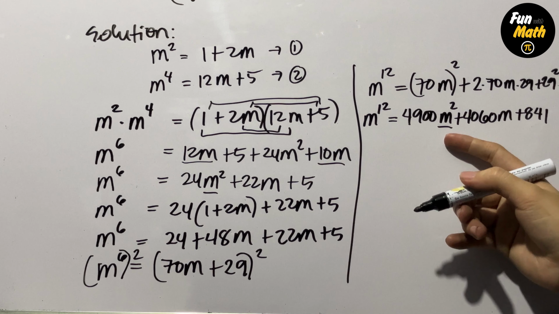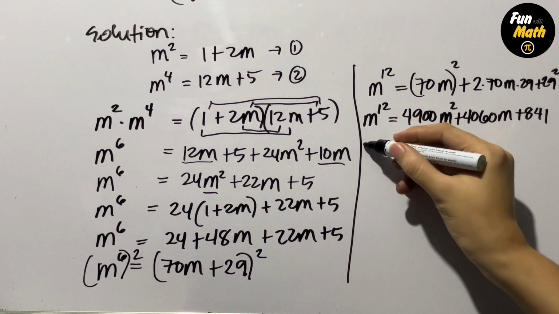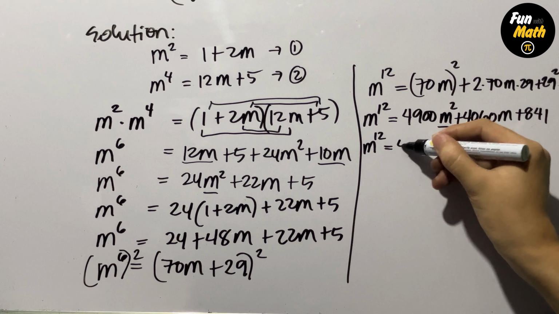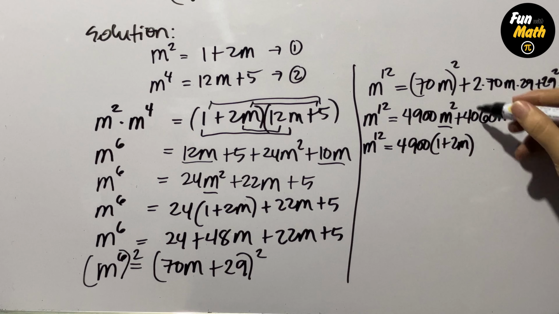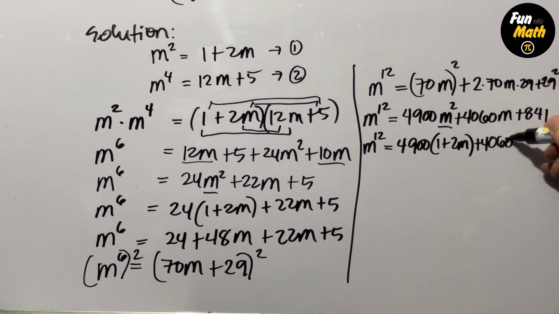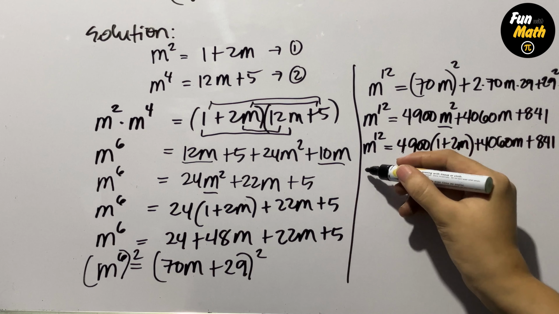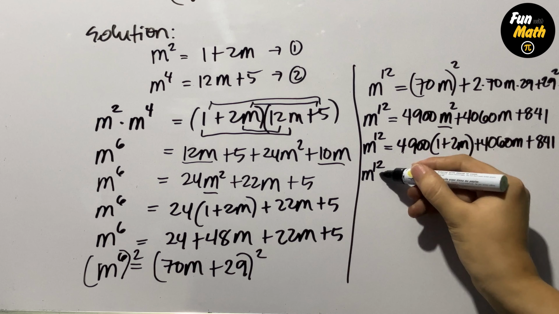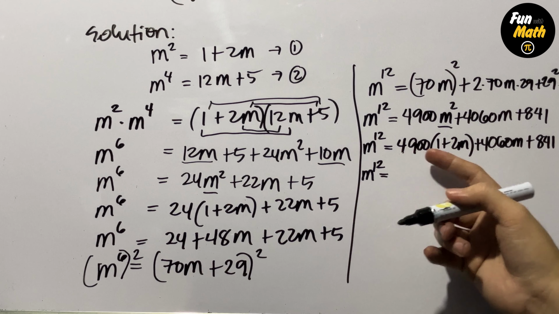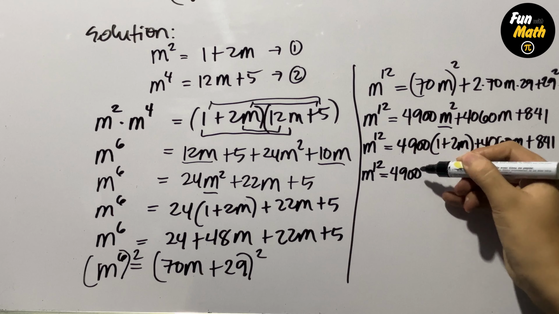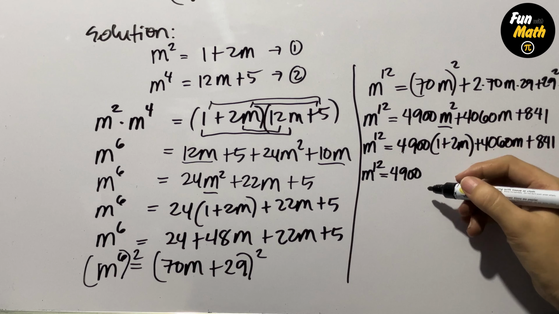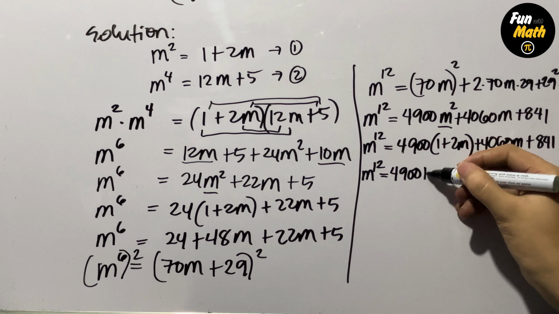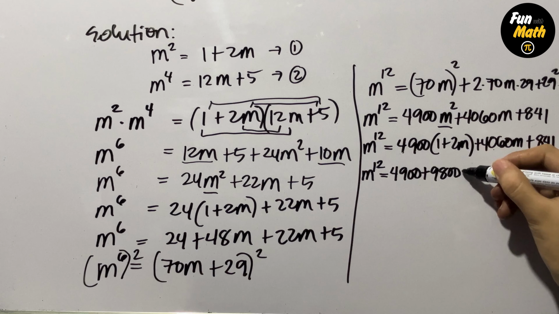Now we have the m squared, and the equivalent of m squared is 1 plus 2m. So m to the power of 12 equals 4,900 times 1 plus 2m plus 4,060m plus 841. Now let's multiply this. So this is now m to the power of 12 equals 4,900 times 1, that is 4,900. 4,900 times 2m, that is 9,800m. So plus 9,800m.